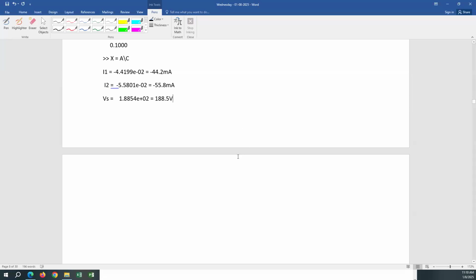So the voltage across the current source is 188.5 volt. And both my I1 and I2 are in the opposite direction because the current source has higher voltage than the voltages of both the voltage sources. So the current is in the opposite direction, derived from the current source.